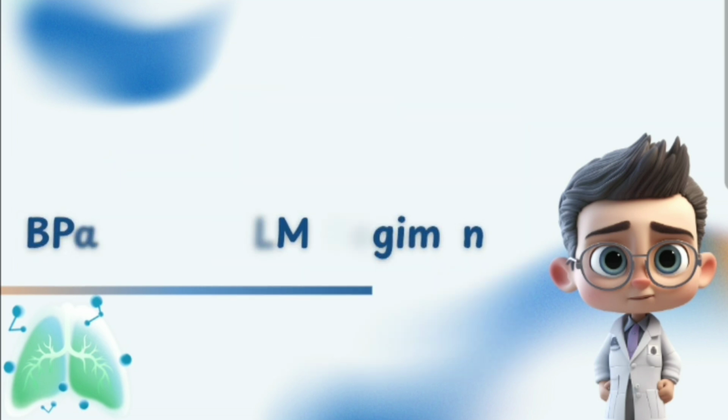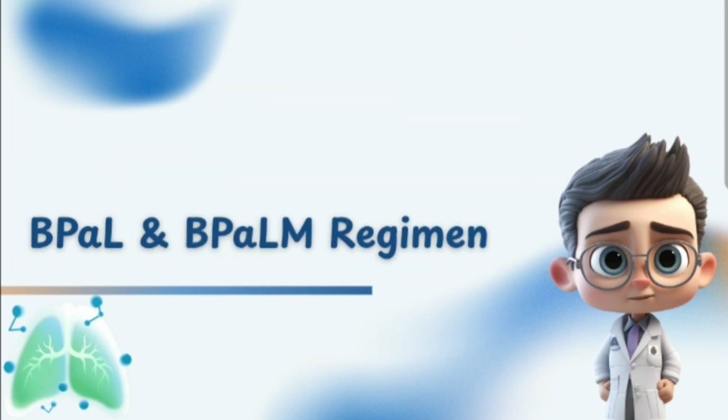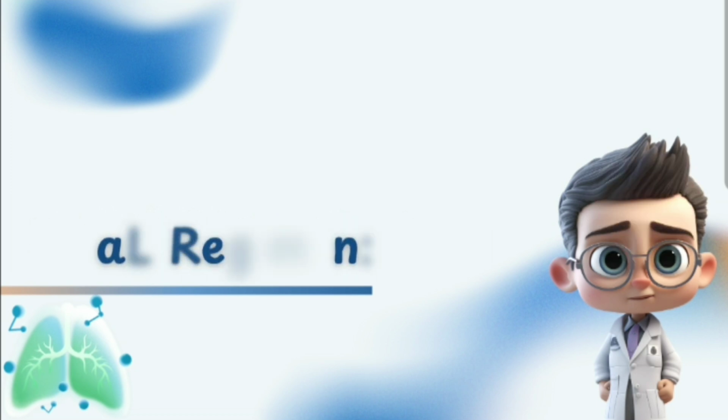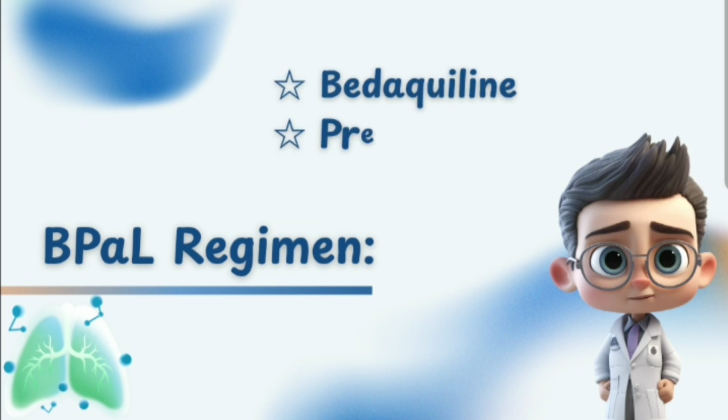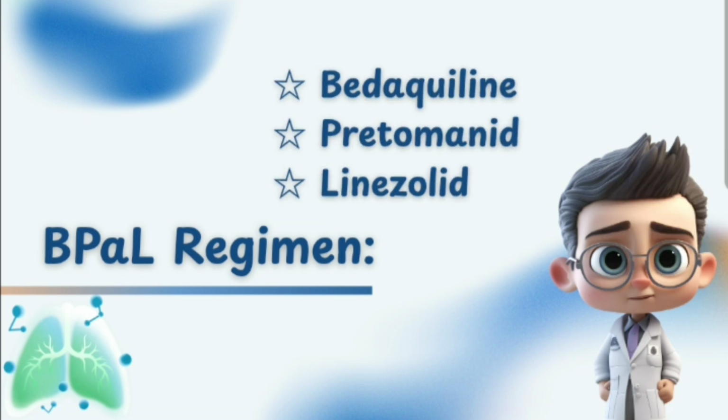One of the biggest advances in MDR-TB treatment is the introduction of short and highly effective regimens, which include the BPaL regimen and the BPaLM regimen. The BPaL regimen includes bedaquiline, pretomanid, and linezolid, and the duration of treatment is 6 months.